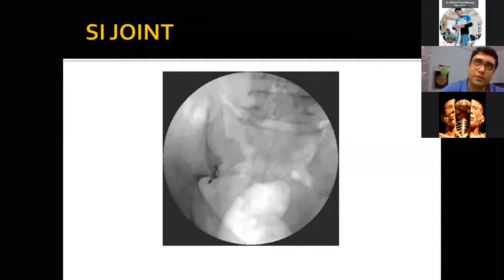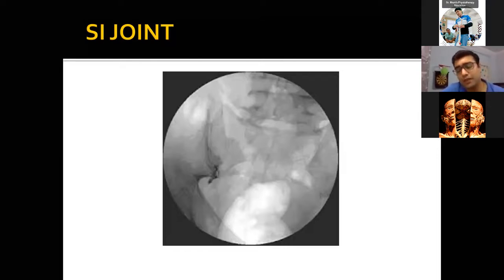So there's another point which I'd like to highlight over here, that all pain radiating down the thigh is not radicular pain. Okay, many a times it is a referred pain. So what I mean to say is that when you try to correlate the patient's symptom with the MRI, you might not find so much of neurological compression on the MRI, but the patient is having a lot of pain in the back of the thigh and lower down.